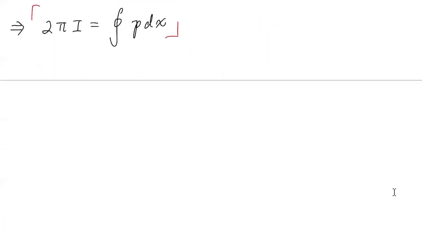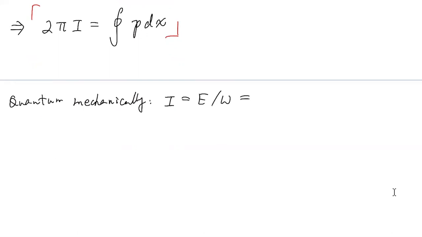So, okay, let's see quantum mechanically. If we still use the same definition of the adiabatic invariant, defined as total energy over omega, then of course we know for a one-dimensional harmonic oscillator, the total energy is (n plus 1/2) h bar omega.